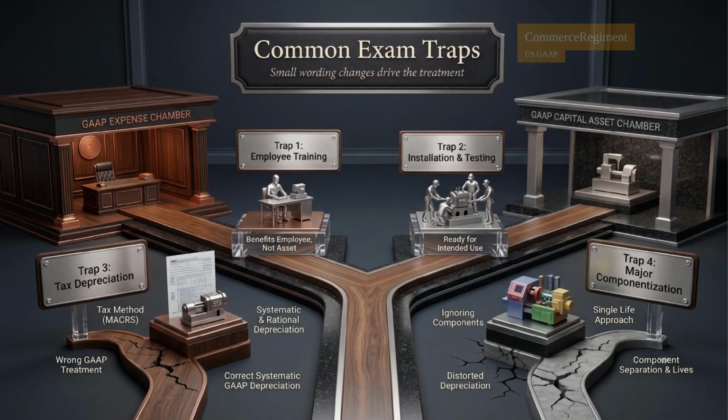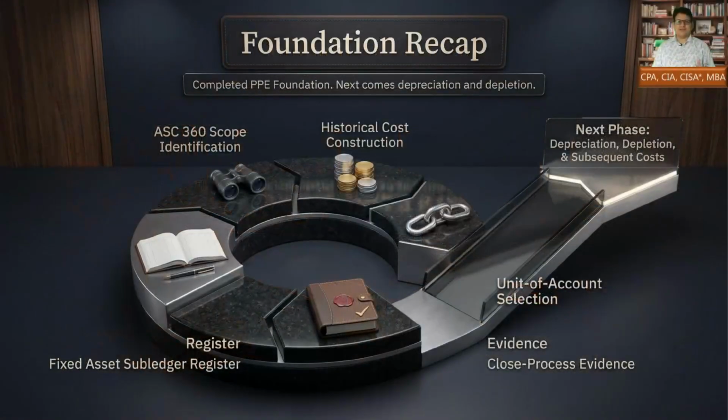US GAAP needs a systematic and rational allocation over useful life. Finally, when major components have materially different useful lives, ignoring componentization can distort depreciation. These traps are popular because they look easy at first glance and then quietly steal marks from students who answer too quickly. That completes the foundation of ASC 360.